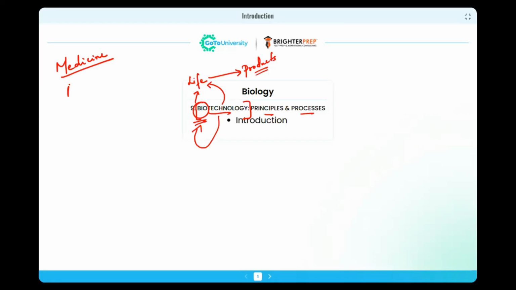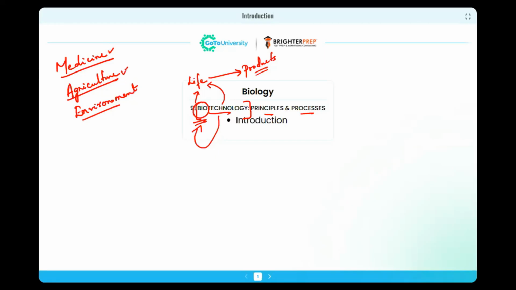Now moving to agriculture. So this will be included in the next chapter. Tomorrow we'll be having the class regarding this agriculture, that is creating drought resistant crops or pest resistant crops like that. Now in environment also we do have the role like cleaning up oil spills or waste management, what we learned yesterday, reducing pollution using microorganisms, etc. So, in medicine, biotechnology helps in creating medicines, vaccines, and therapies.